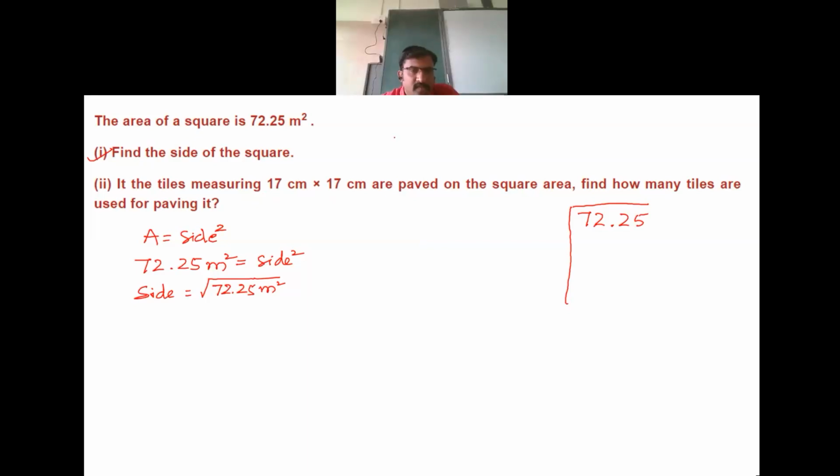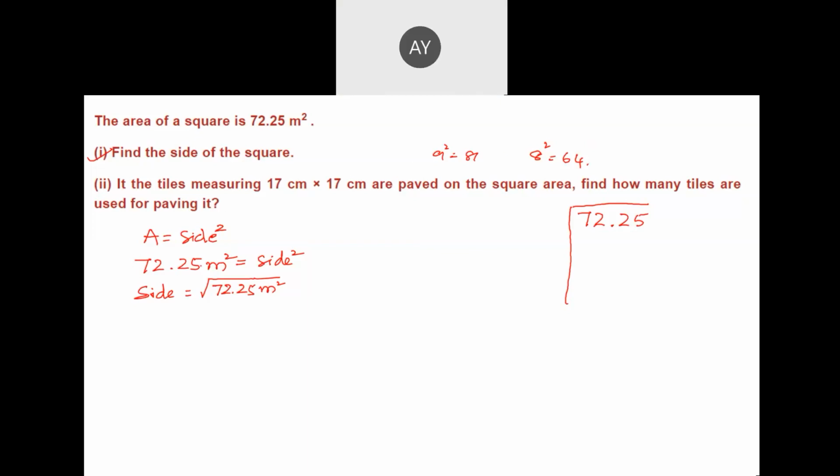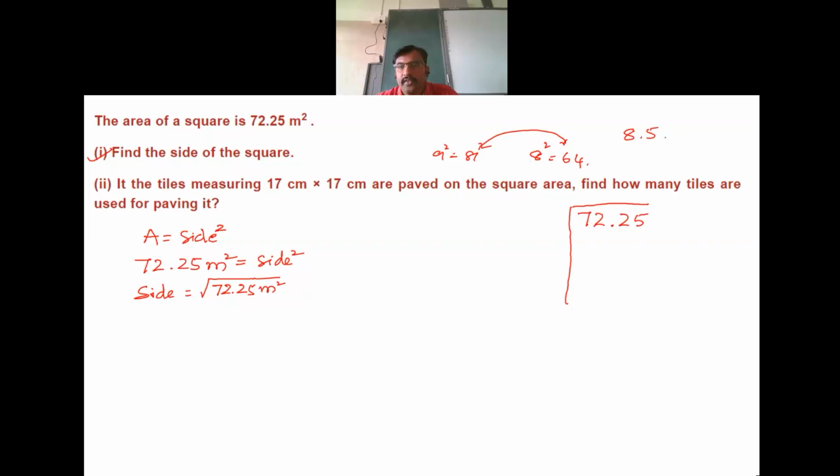If you observe 9 square, 9 square is 81. 8 square is 64. So this particular number 72.25 is between these two. Now you find, is it 8.5 into 8.5? Yes, sir. It is correct.